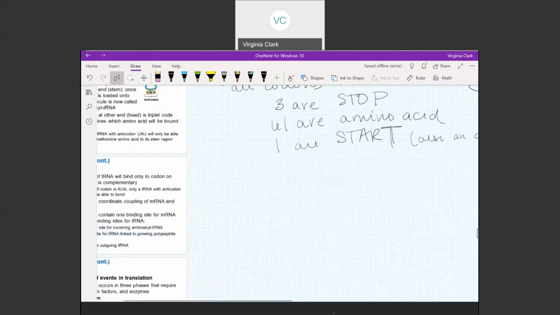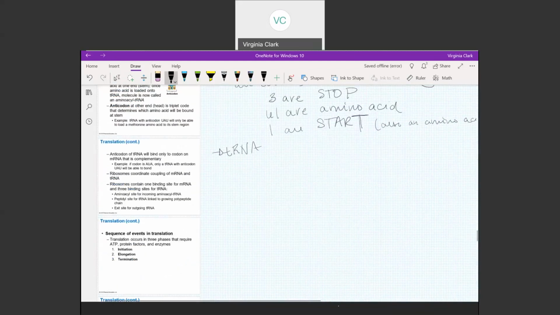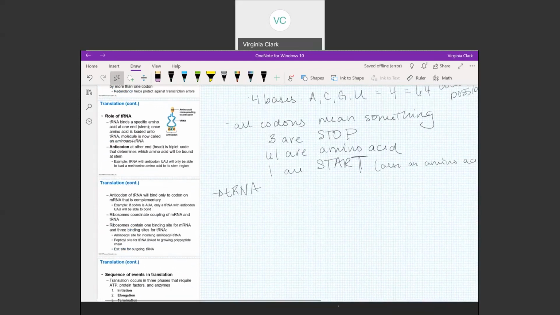Okay, we're going to focus on our tRNA. So we're going to hop back to that topic real quick. Like I said, tRNA is one of the most complex, one of the most abstract. So what you need to know about tRNA is you are going from something called an anticodon. An anticodon is a 3-base sequence that is opposite the 3-base mRNA codon.